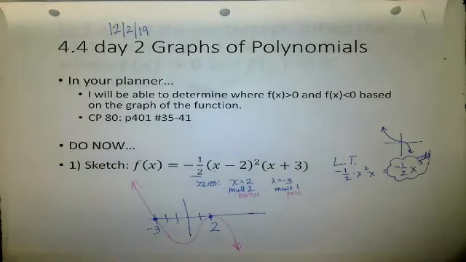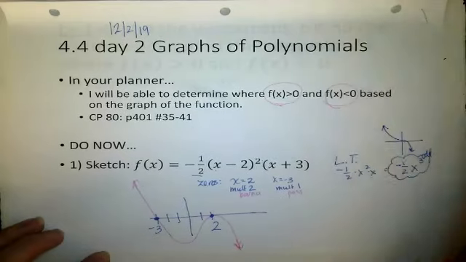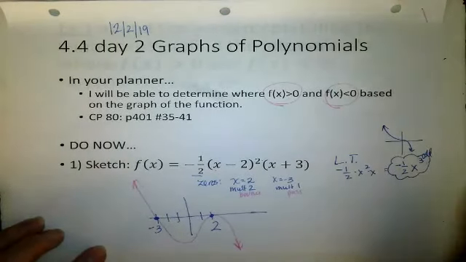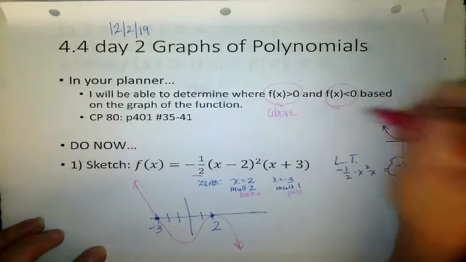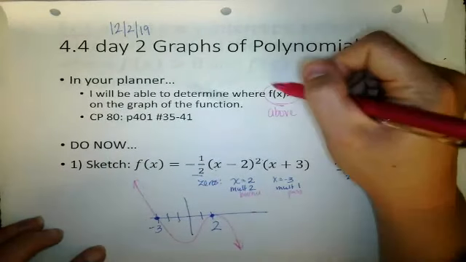Now, today we're talking about where our function is greater than 0 and where it is less than 0. We've done this before, but now we have to apply multiplicity to that. We want to know where our function is above the axis and where it is below the axis. f of x refers to y values.